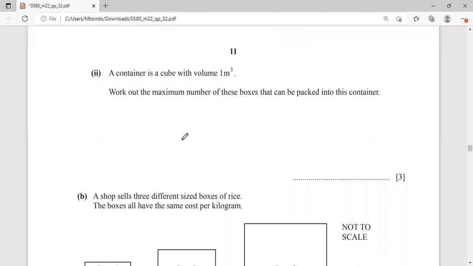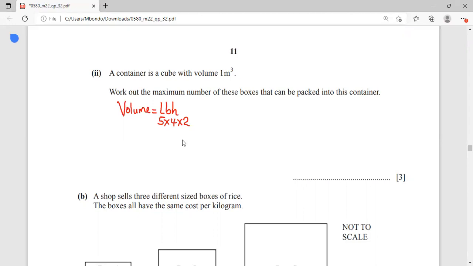Now, you need to understand that here we are talking about volume. So we have to first of all find the volume of one of those boxes. Volume of a cuboid is equal to L multiplied by B multiplied by height. So our L there, we are told it is 5 multiplied by 4 multiplied by height, which is 2.